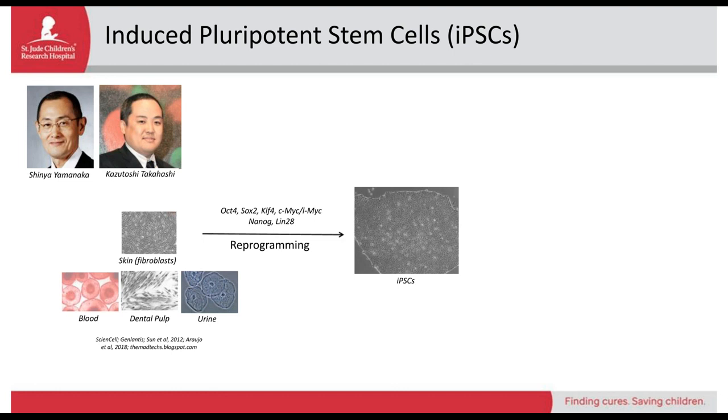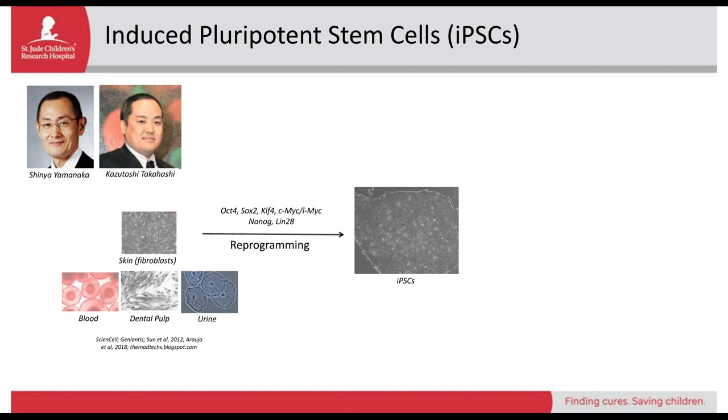So, for example, peripheral blood mononuclear cells from a blood sample, dental pulp cells from fallen teeth, or epithelial cells from a urine sample, all of these, when we express the reprogramming factors listed here, OCT4, SOX2, KLF4, c-MYC, and NANOG and Lin28, a small fraction of them will undergo de-differentiation and reprogram into a pluripotent stem cell.